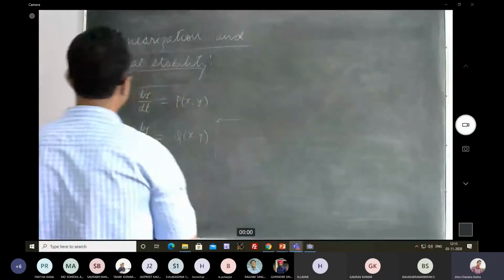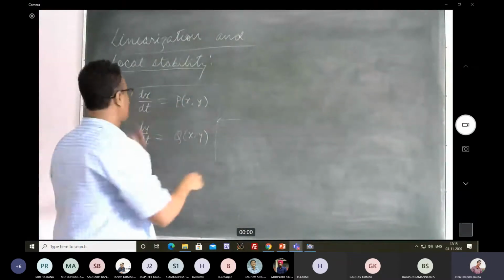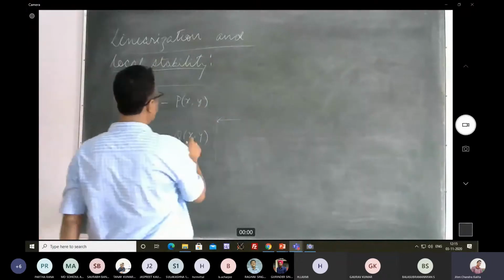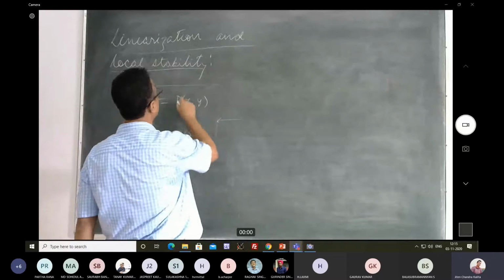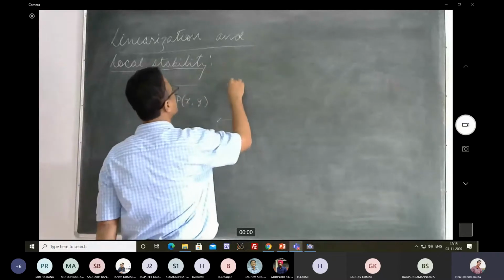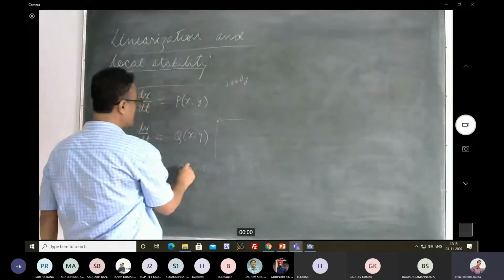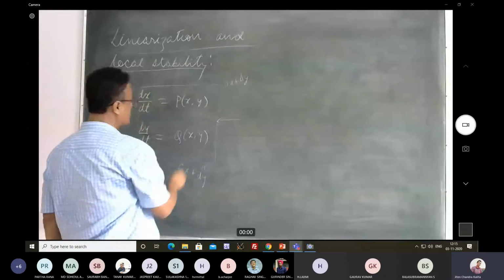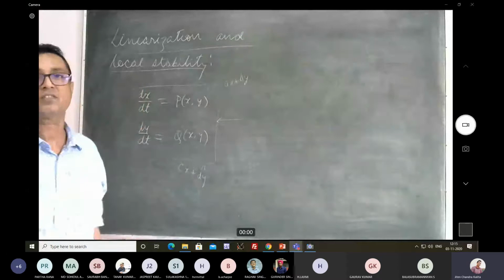The difference between the previous system, where we considered a linear system, and this system is that there P and Q were linear in x and y. They were at most something like ax plus by, and cx plus dy. Now they are going to be nonlinear in x and y. That is the difference.